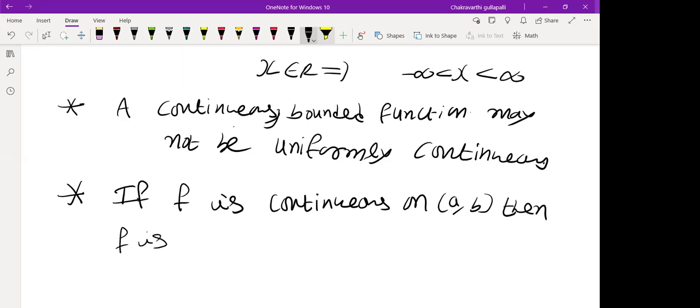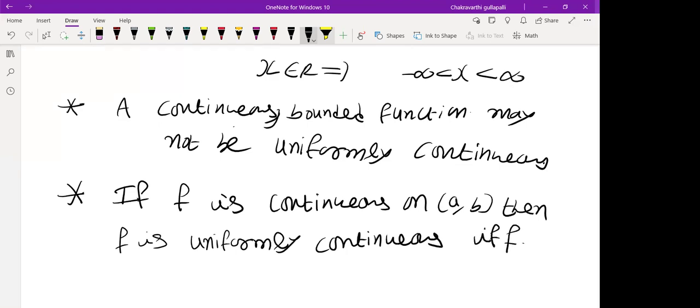Generally uniformly continuous is not guaranteed. But when is it going to be uniformly continuous? In general, no. But in particular, if it satisfies two extra conditions: limit x approaching a plus of f(x), and what is the meaning of this?